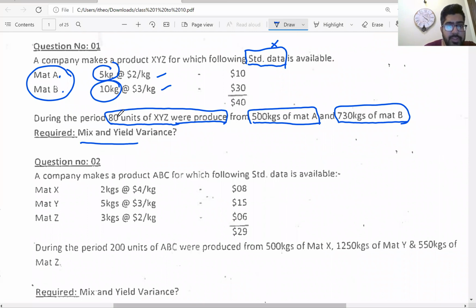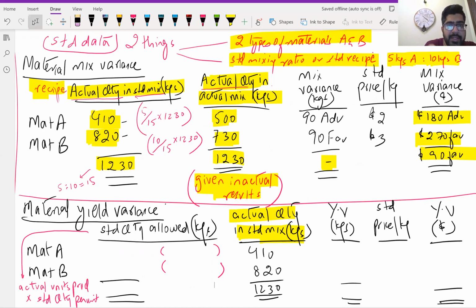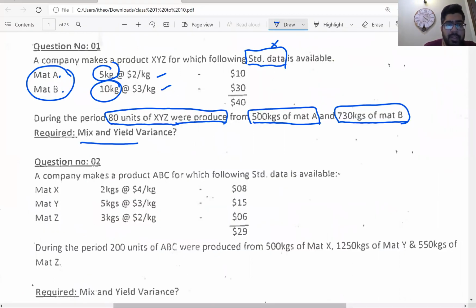How many units are produced? See, 80 units were produced. So actual units produced are 80. Multiplied by standard quantity per unit. Go in standard. What is the standard quantity per unit?